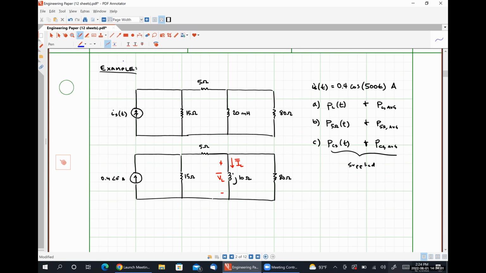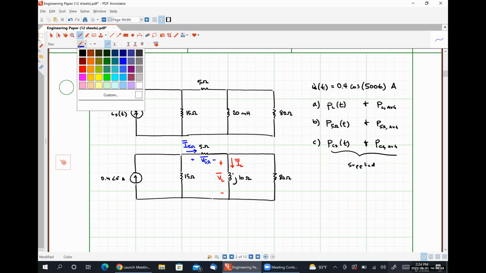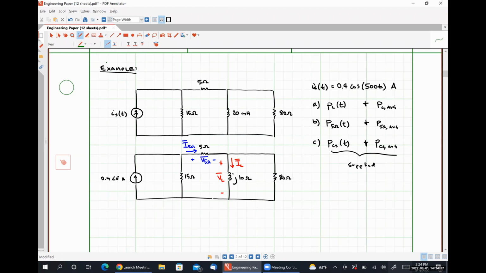For our 5 ohm resistor, if we know this voltage or this current, we can solve for the instantaneous and average power absorbed by our resistor. And lastly, for our current source, since we're trying to find the supplied power, we're going to have to know the voltage drop across the current source having this polarity.